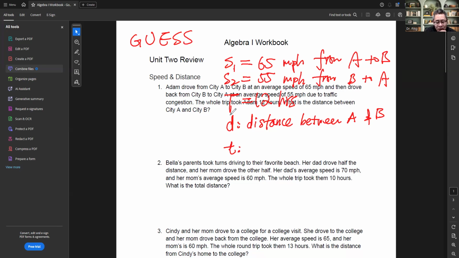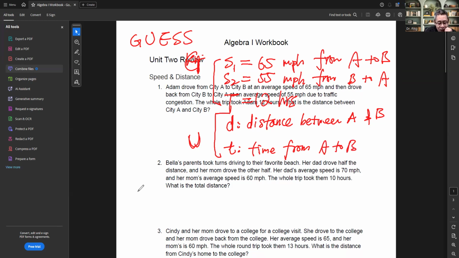This is our unknown part. So we get to our unknown part now. This part is known. This is our given. That's our G. This part is our U. The t is time from A to B.